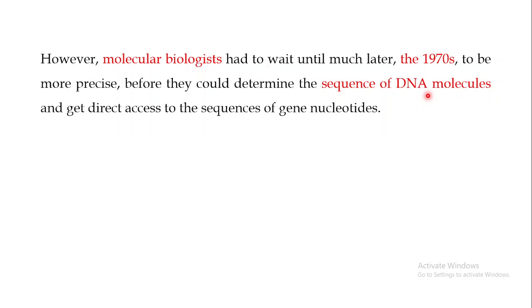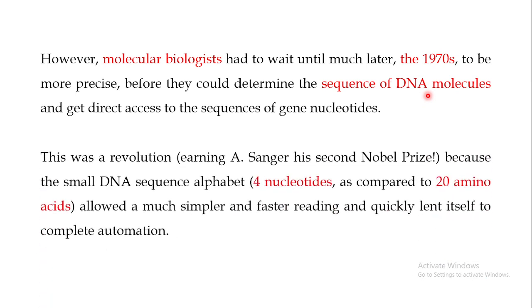So the scientists were able to identify the sequence of the proteins, but they had to wait until the 1970s before they could determine the sequences of the DNA molecule, because the techniques for the sequencing of the DNA molecule were developed around the 1970s.